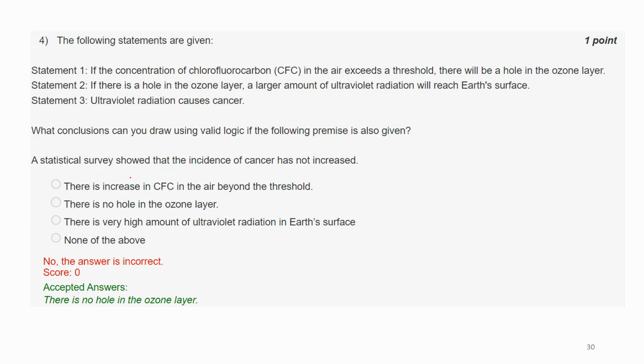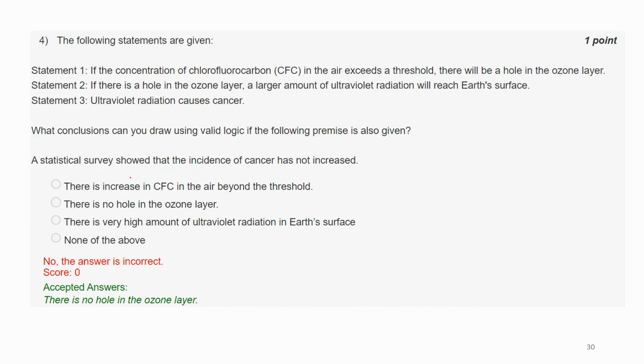If you simply apply modus tollens, it will lead you to the answer. Does anybody have any doubt? What ma'am has said is true. If not, then we'll move forward.